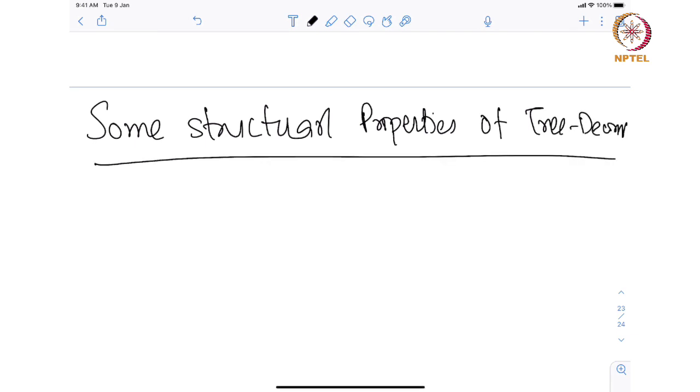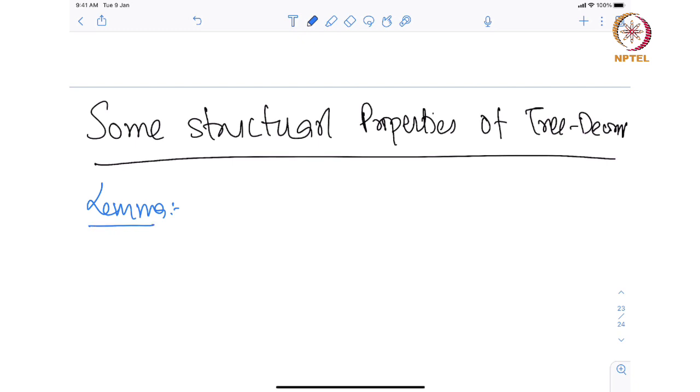Let me tell you some interesting structural properties, and let me prove some lemmas for you.